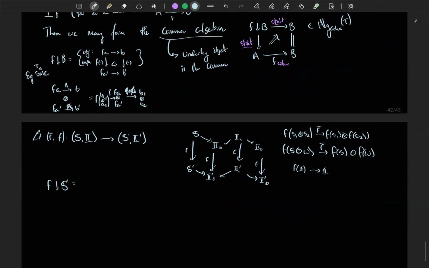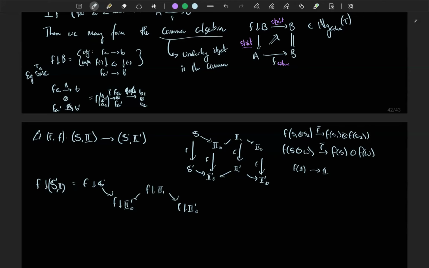So we end up with f down arrow s prime, or f down arrow I prime, the whole comma algebra. It's this diagram with some structure on it, and the structure is exactly the structure of both of these things.